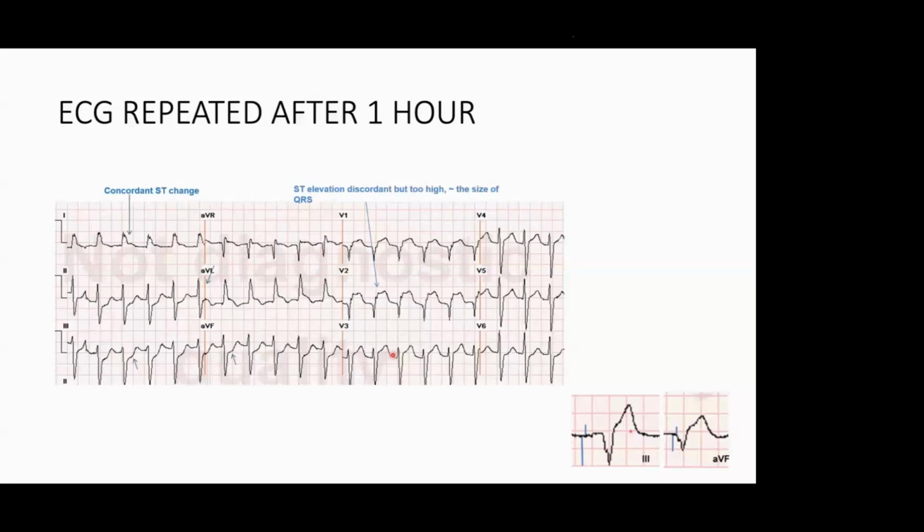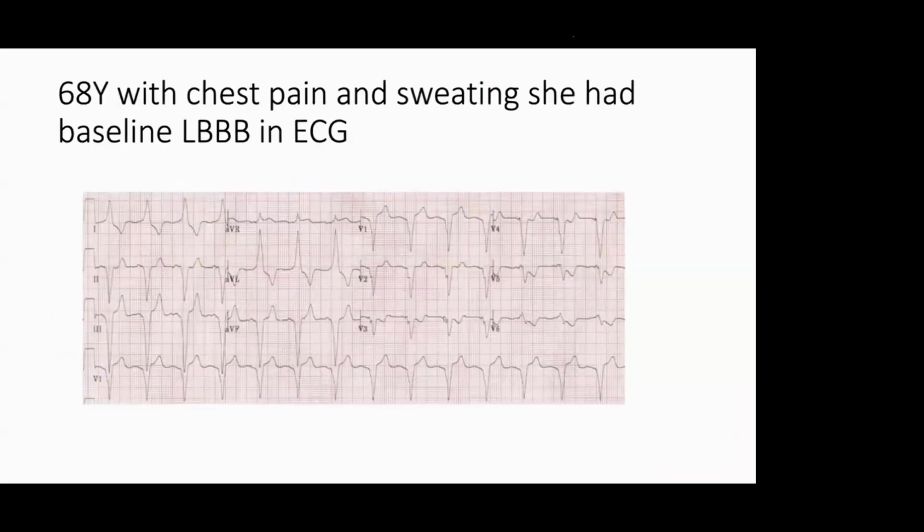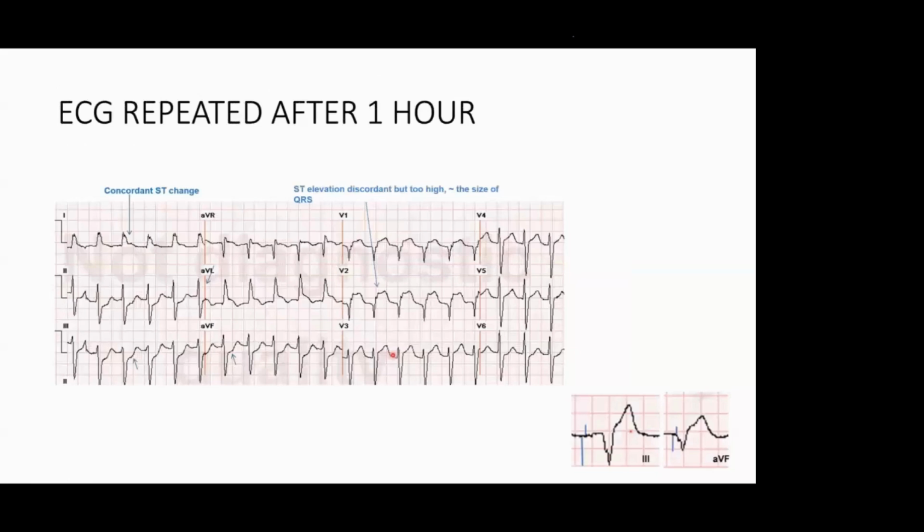In this ECG, you can see there is concordant ST change. In the previous ECG, we were seeing discordant changes: an R wave followed by a T inversion, an asymmetrical wide T wave. But once ischemia sets in, you can see concordant ST change.